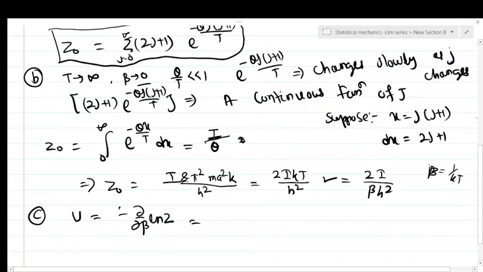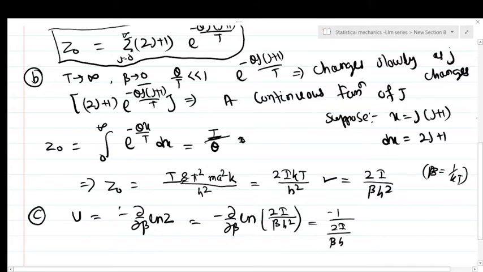So minus del by del beta of ln of (8 pi squared I by beta h squared) is equal to minus the ratio, and the derivative of the beta term will be minus 1 by beta squared.